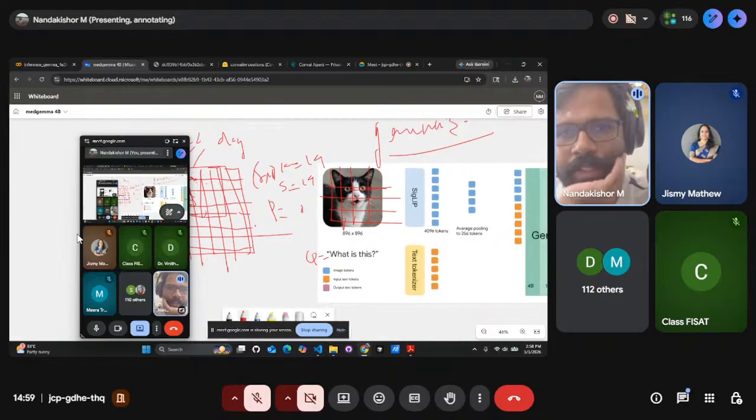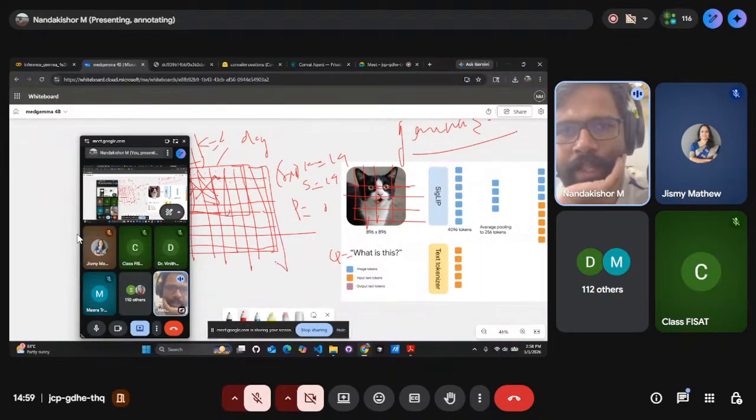Padding means, say you have a grid of 13 and the kernel cannot reach the last value.